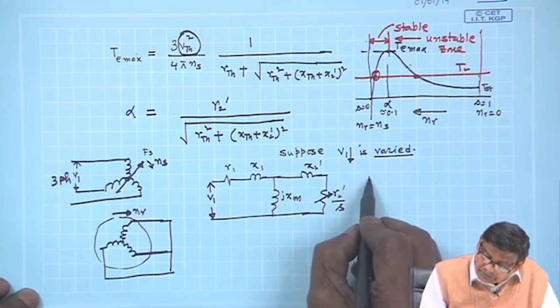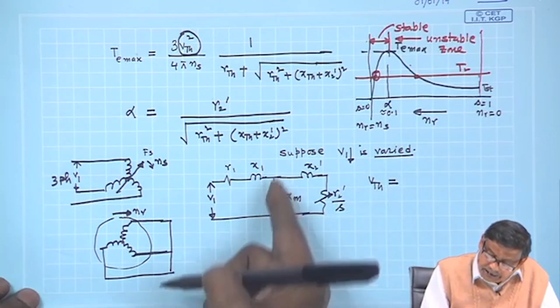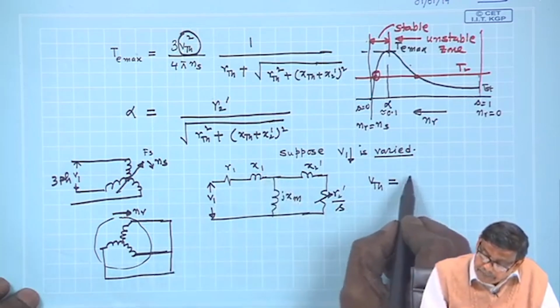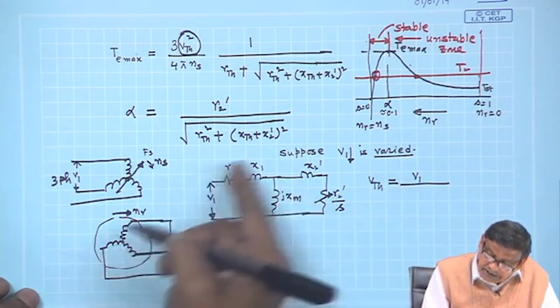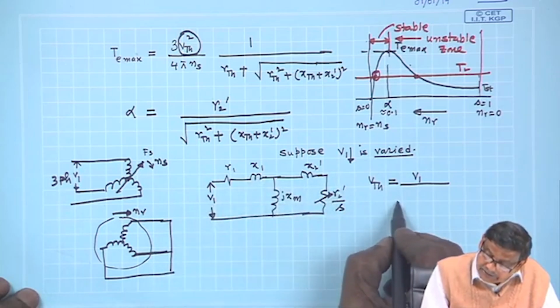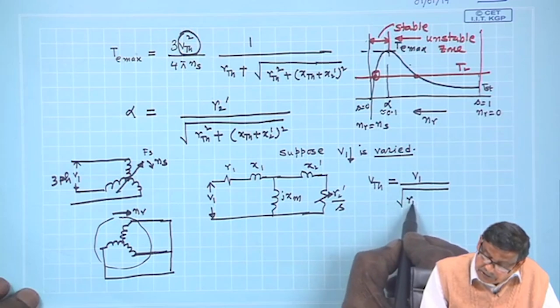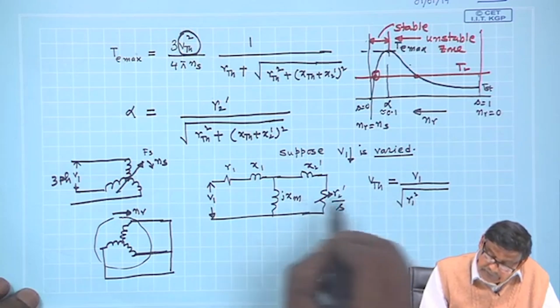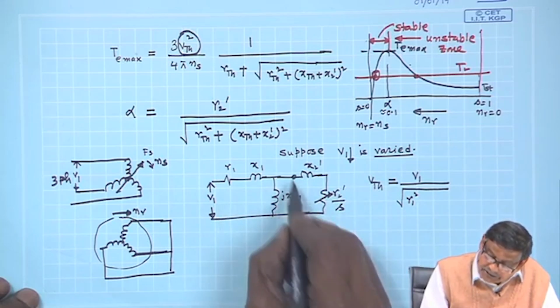Then we know that the magnitude of V Thevenin is the applied voltage V1 divided by the square root of R1 squared plus (X1 plus Xm) squared, into Xm, where V Thevenin is the open circuit voltage.